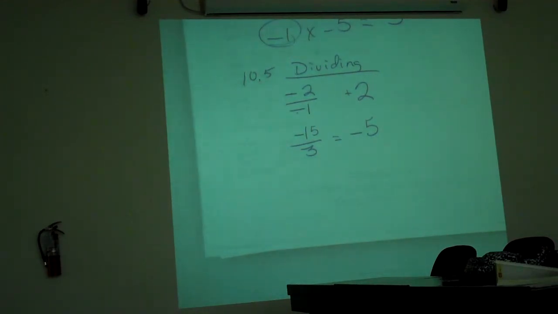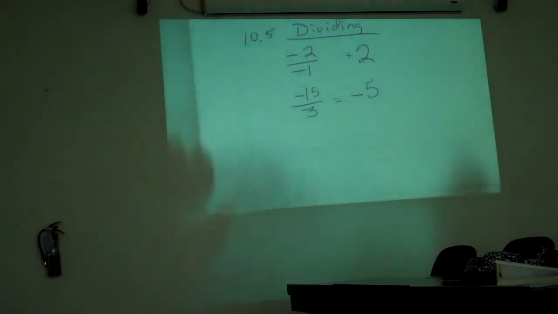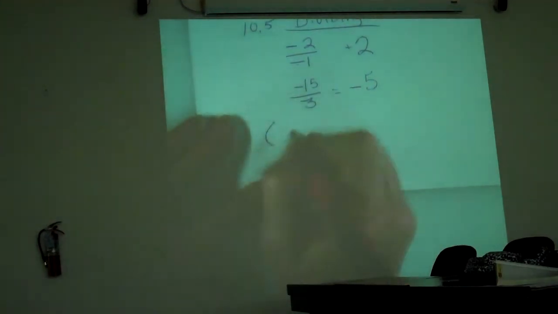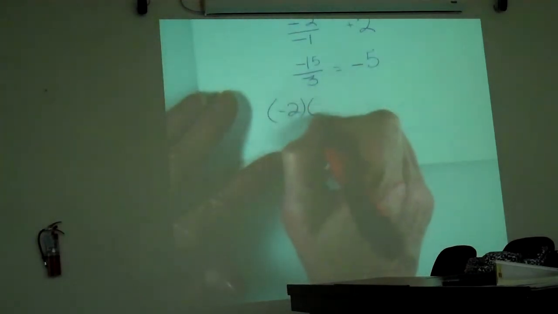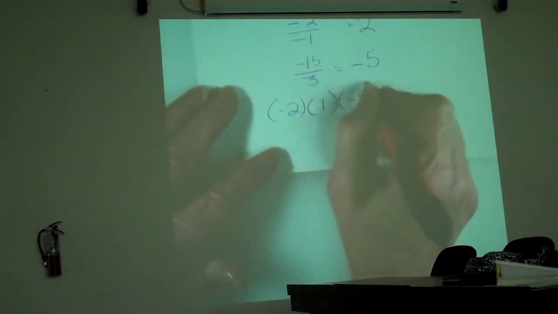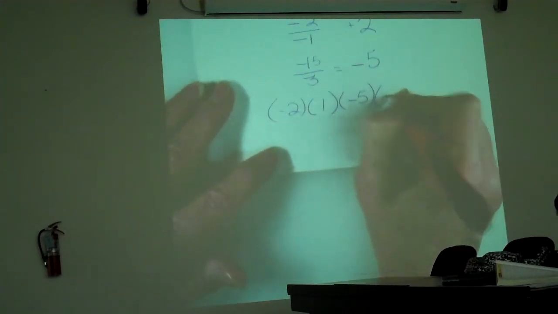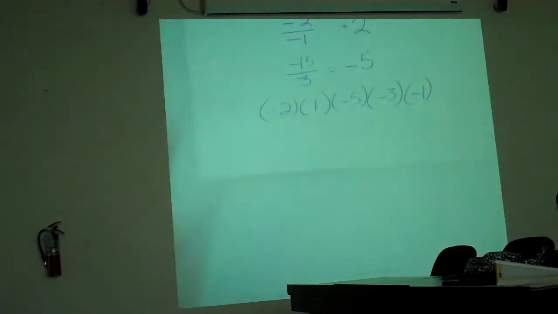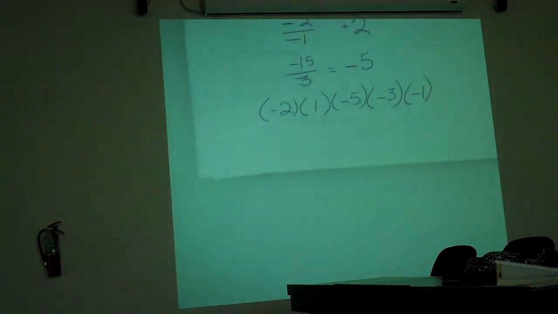Okay, let's say you were multiplying a string of numbers. Let's say you multiplied negative 2 times 1 times negative 5 times negative 3 times negative 1. Okay? Your normal multiply, you would just go ahead and multiply them, right? To get the number part. To get the sign, that's more than two things here.